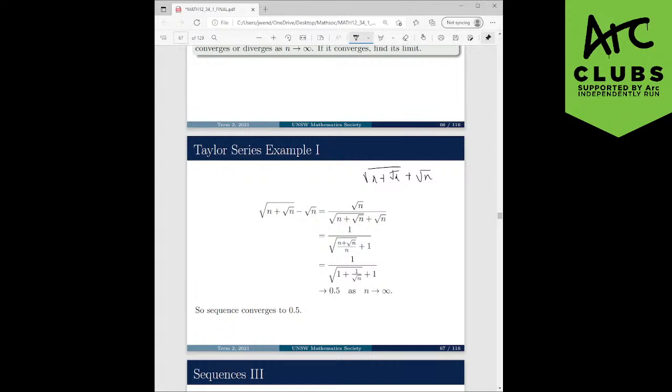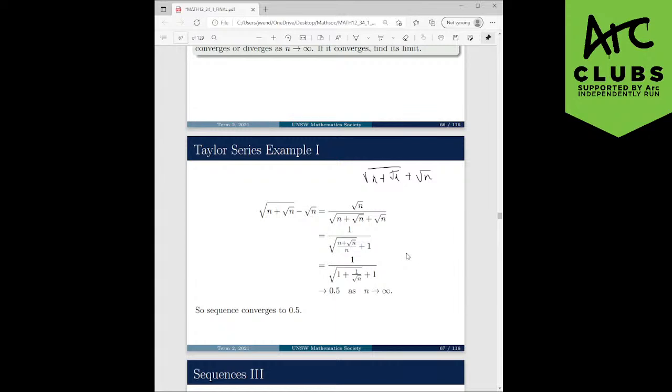What we're going to do is divide by square root n in the numerator and denominator. So you see your numerator just pops out to being a 1. And at this stage, if you try subbing in infinity, you'll see that this 1 over square root n just goes off to 0, and everything else is a nice constant. So you just have 1 over 1 plus 1, and it's half.